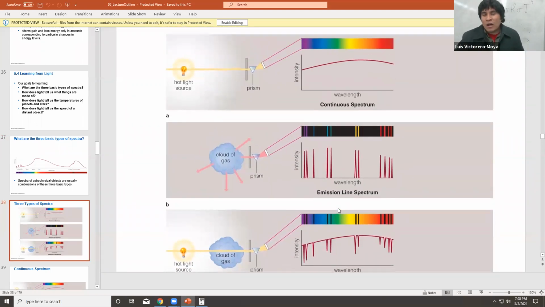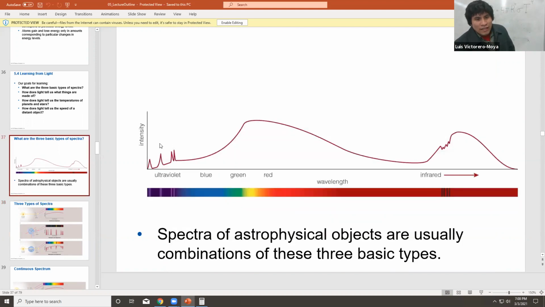When you look at the sun without anything in between, you will see this. But we know that in between the sun, there are gases. There's an atmosphere. There are elements in that atmosphere. When you combine them, you start seeing this, which is what I showed in the first slide, right? So that explains this and this.